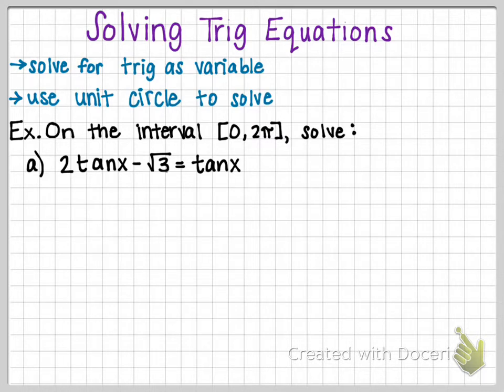All right, so we're going to solve this guy on the interval from 0 to 2 pi. So first thing we want to do is go ahead and get tangent by itself. If it's helpful to you, maybe rewrite this problem with some y's, like 2y minus the square root of 3 equals y, and then solve it and apply it back to the original.